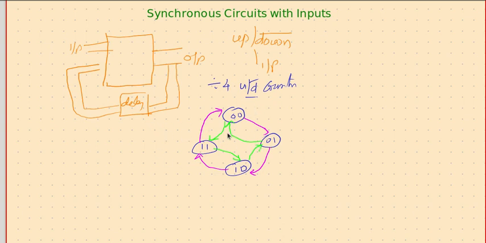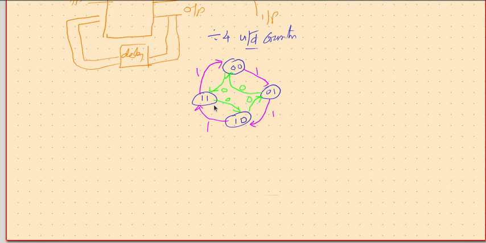So how do you decide whether to do up counting or down counting? That is given by this input, and if the input is 0, it will be down counting. If the input is 1, it will be doing up counting. So how can such a thing be implemented? Yes, of course, we have our table that helps us.